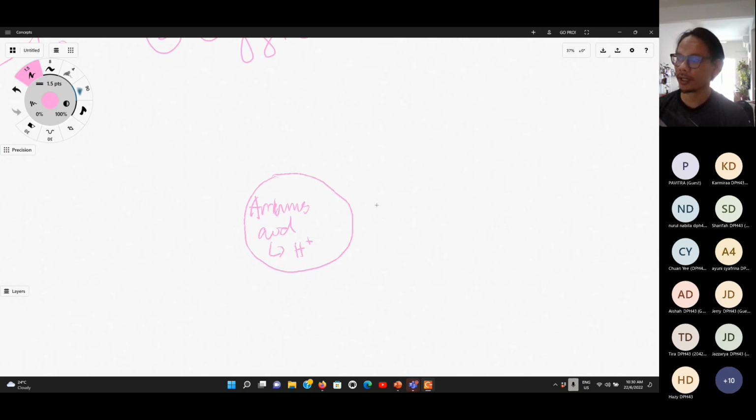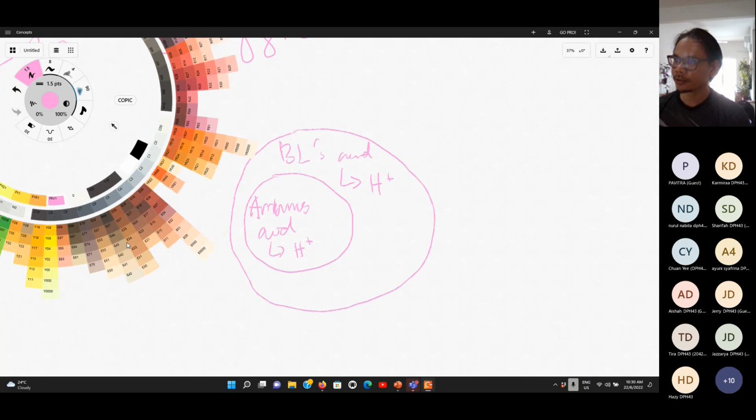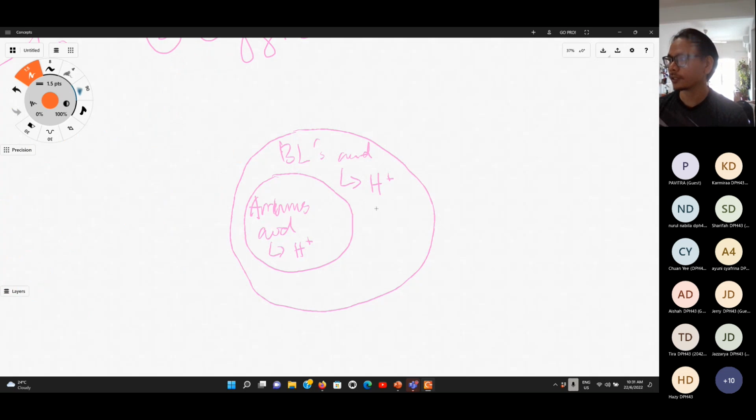Tetapi Bronsted and Lowry tak limit dia punya definition of acid kepada water saja. So that means dia punya scope is bigger. Bronsted and Lowry, saya tulis BL lah. Bronsted and Lowry's acid also something that produces H+, but also it covers, penting kat sini, the distinction antara Bronsted and Lowry and Arrhenius, all solvents.